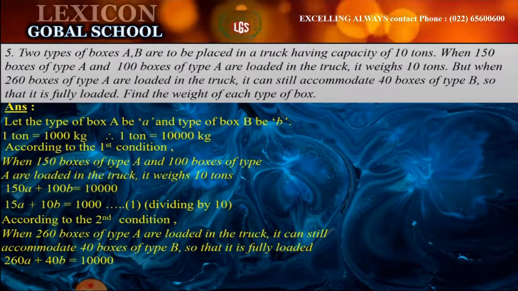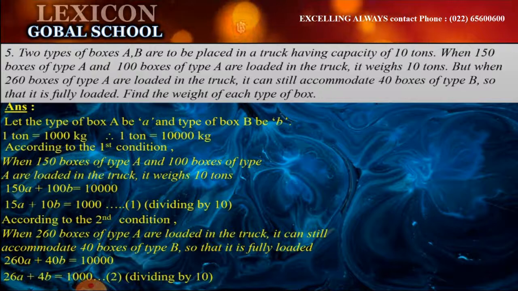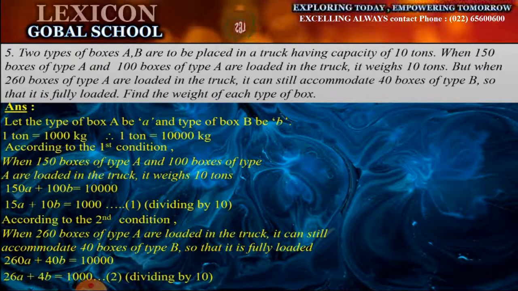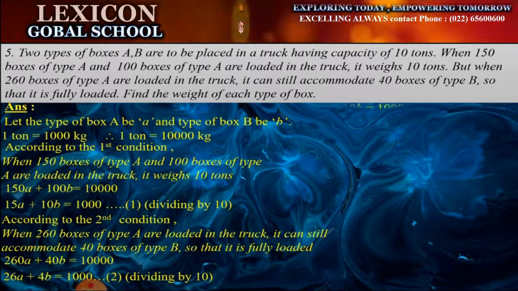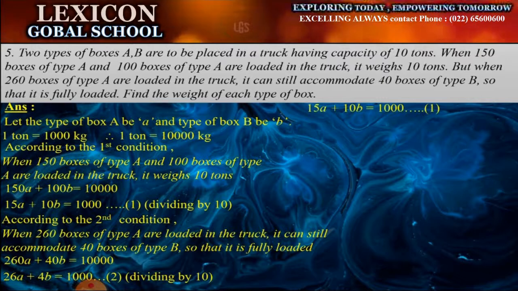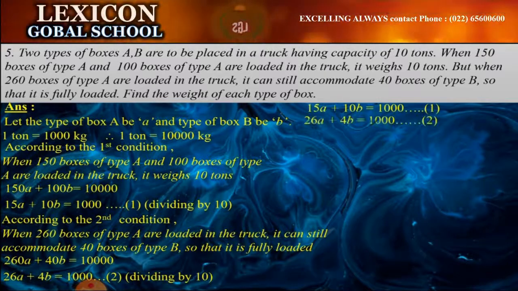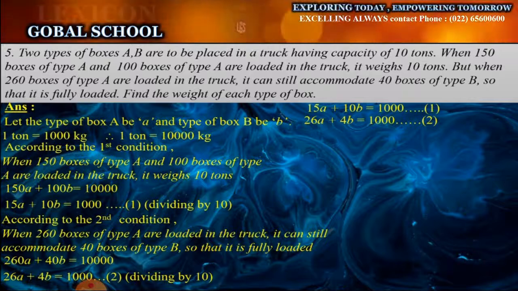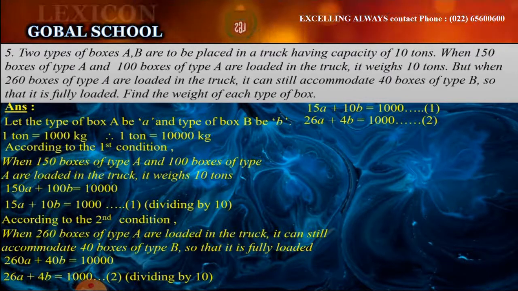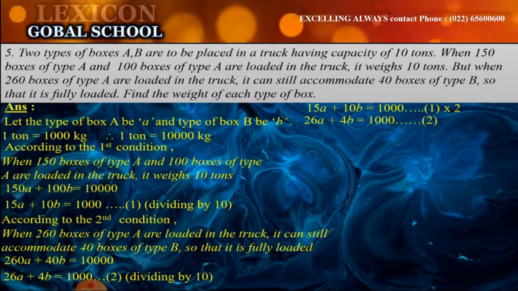Again we are dividing this equation by 10, so we get 26A plus 4B is equal to 1000. This is equation number 2. When you write both the equations one below the other: 15A plus 10B is equal to 1000, 26A plus 4B is equal to 1000. We are going to multiply both the equations.